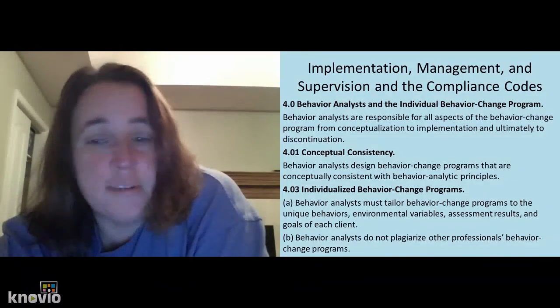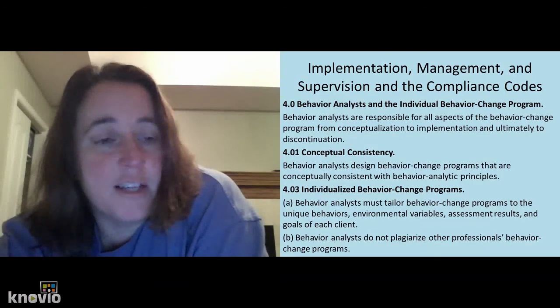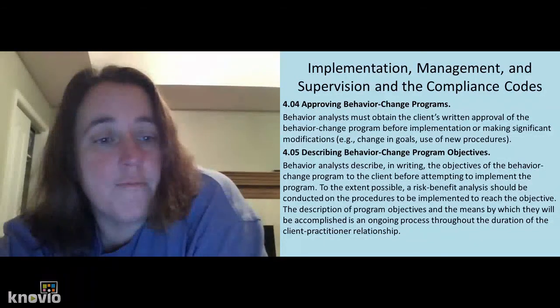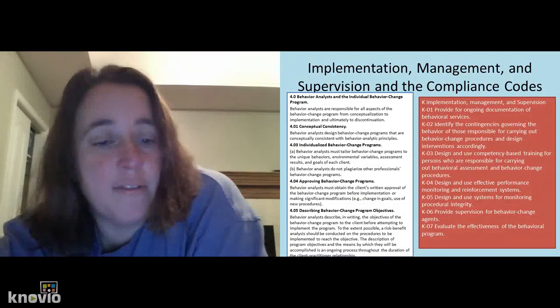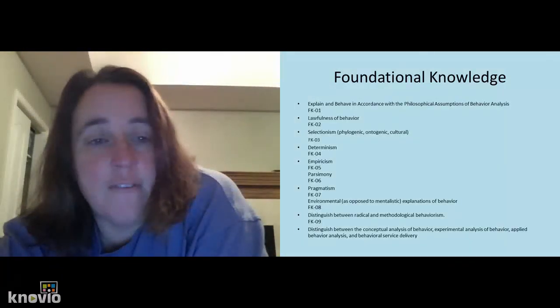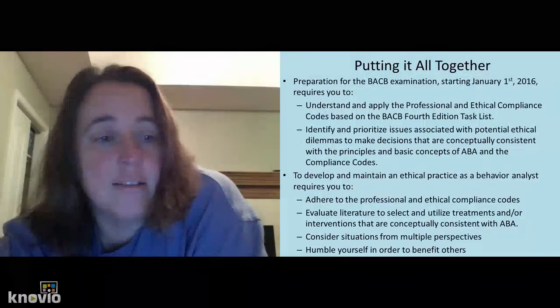Next, you have implementation, management, and supervision in the compliance codes, and here's how it can align: approving behavior change programs, describing behavior change objectives. Lastly, you have foundational knowledge, and these are the codes that relate to the foundational knowledge section of the task list.